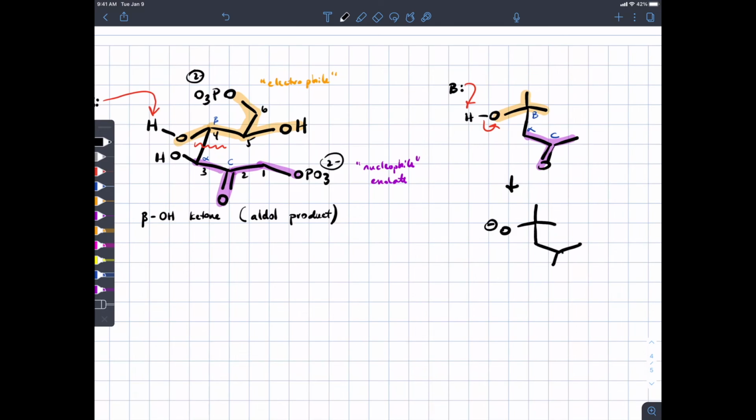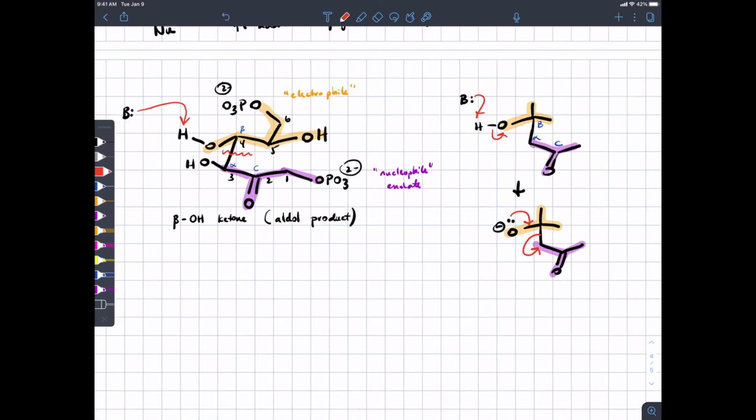And that looks like the tetrahedral intermediate that you get after you have an enolate attack a ketone. And then in another step, we would have electrons on the oxygen kick down and have the enolate leave.